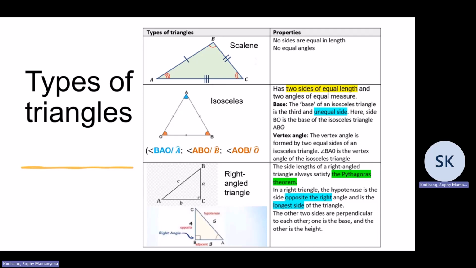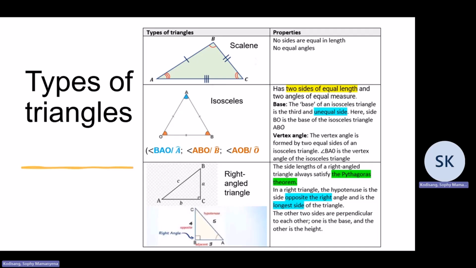Proper labeling also allows us to apply geometric rules correctly. In practical settings like construction, engineering, or design, accurate labeling ensures that measurements and instructions are followed precisely. In short, naming and labeling triangles provide clarity, precision, and consistency in both learning and real-world application.